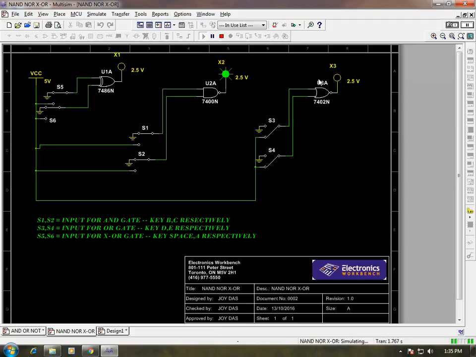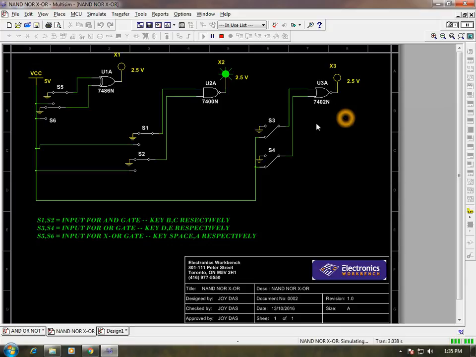For the NOR gate, what is that? As we know, a NOR gate is simply an OR gate followed by an inverter. That means the case of the OR gate will be simply inverted here. In an OR gate, we get a low signal only when all the inputs are low, but here, when all the input signals are low, we get a high signal. Only when all the input signals are low can we get a high signal.